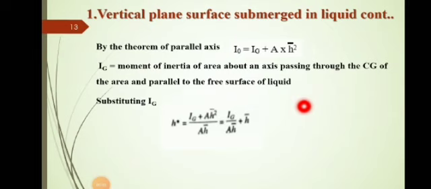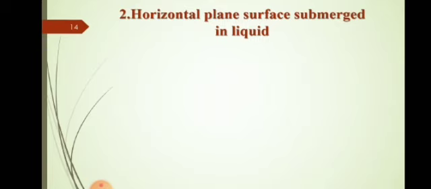Okay, so what we have learned just now is the location of the center of pressure and the total pressure force for a vertical plane surface submerged in liquid. So I have told you already that there are four cases. First one is the vertical plane surface submerged in liquid, and the next case is horizontal plane surface submerged in liquid. Here we are learning only the equations.